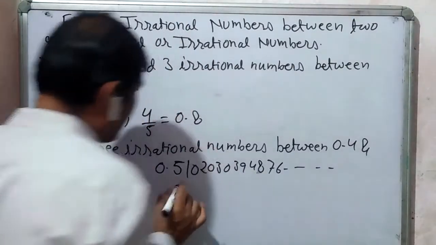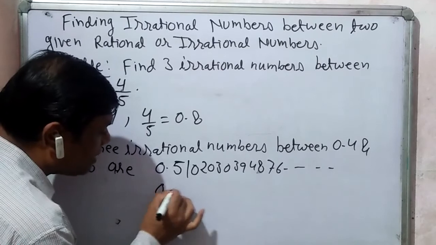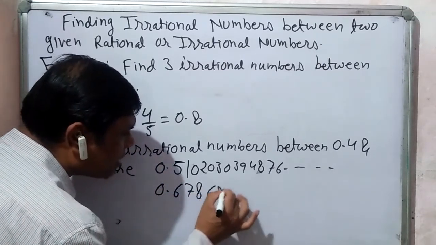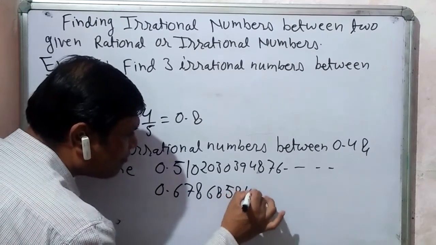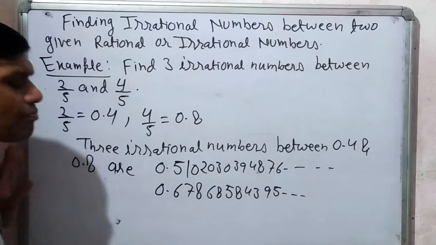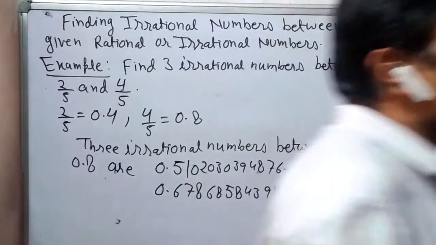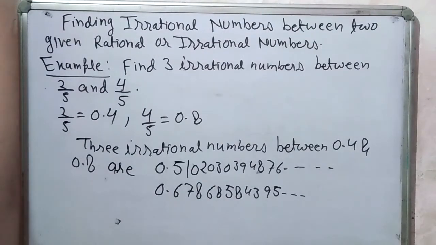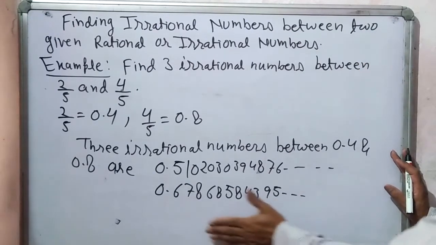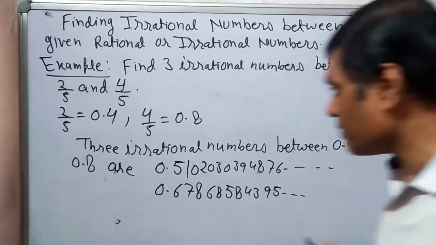We may also write one more, that will be 0.6, and we may continue it as 78, 68, 58, 43, 95, so on and so forth. These digits we may mention as per our wish, taking care that no set of digits is repeated, right?